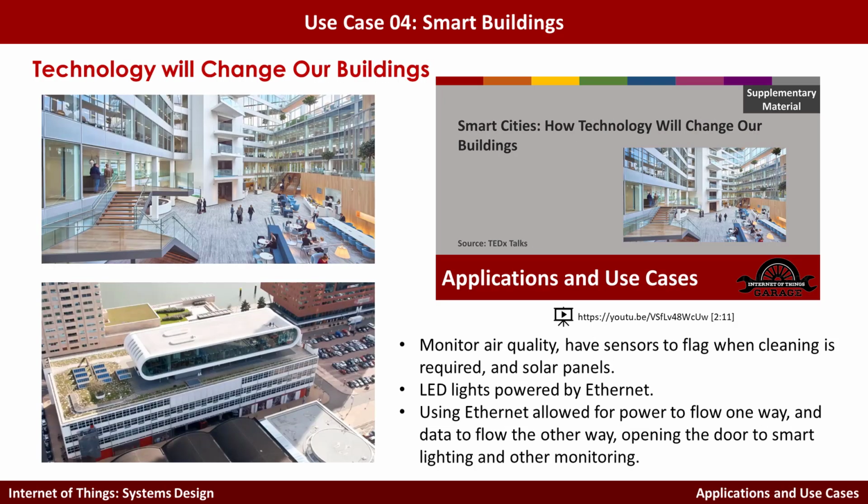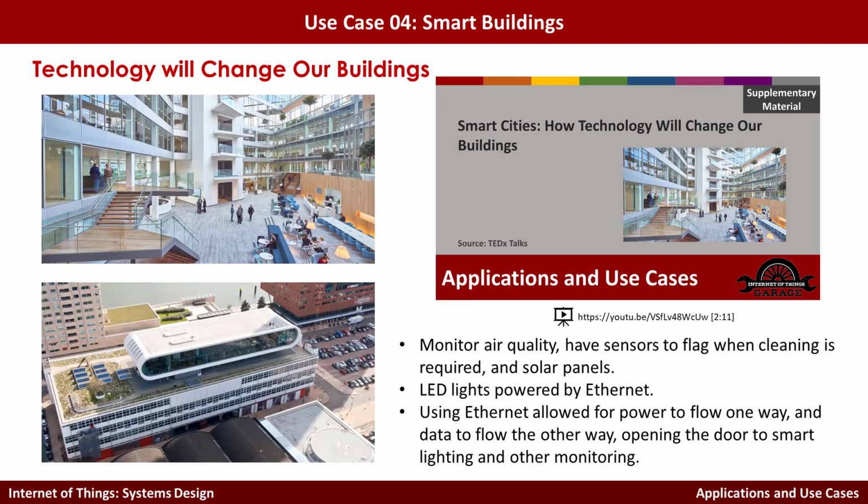This use case is focused on smart buildings. Smart buildings are a very big portion of Internet of Things technologies. In this particular use case, they talk about monitoring air quality and having sensors to flag any cleaning required. You can monitor the particles in the air and see whether there is too much dust that needs to be cleaned.